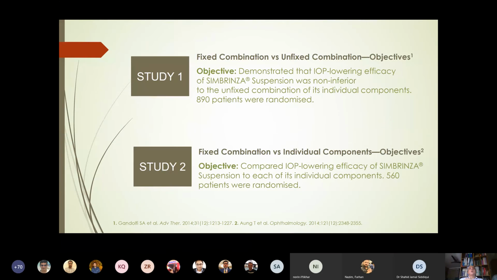IOP lowering efficacy of Simbrinza was non-inferior to the unfixed combination of its individual components, and was compared to the IOP lowering efficacy of each of its individual components.